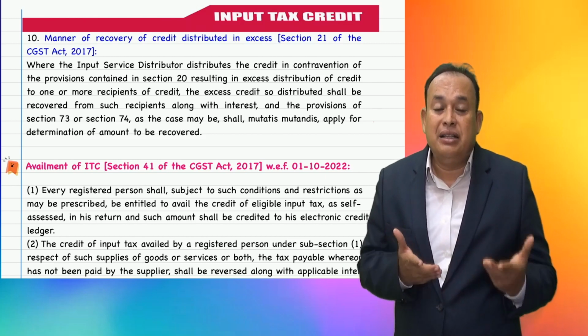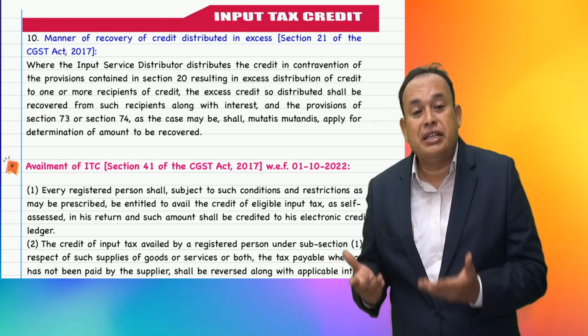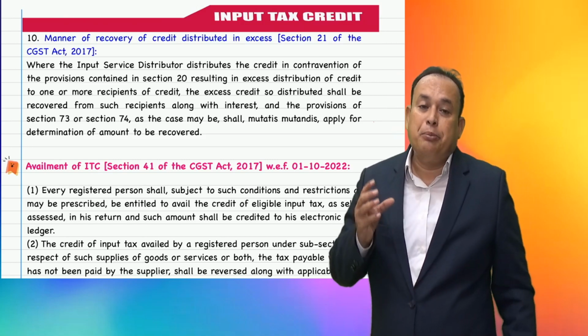Section 73 applies in cases other than fraud, and Section 74 show cause notice applies in the case of fraudulent non-payment of tax. Those types of provisions will apply.